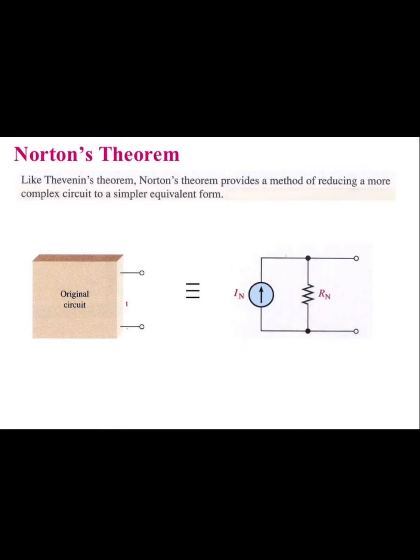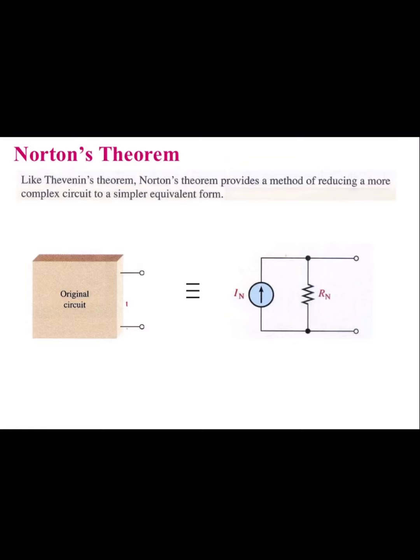And as you can see in this diagram, there is a circuit shown as a box, meaning it contains many sources, current sources, voltage sources, and some resistors. And on the right side you can see the Norton's equivalent circuit.